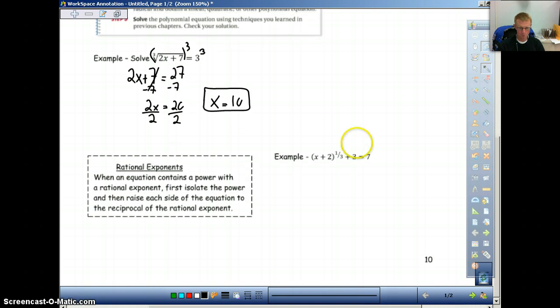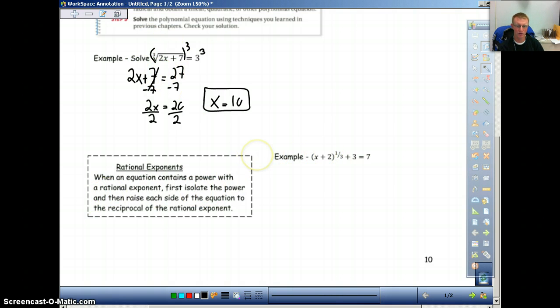Okay, next one. So what happens when we don't have a radical? Well, remember, fractional powers are pretty much the same as radicals, but sometimes we'll have something up in that top number. So here's a good explanation. When an equation contains a power with a rational exponent, that means a fraction, first isolate the power. Same thing as the radical.